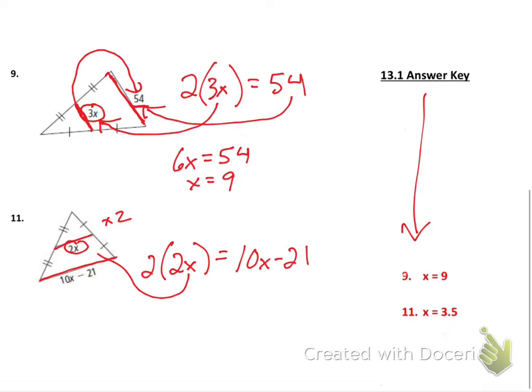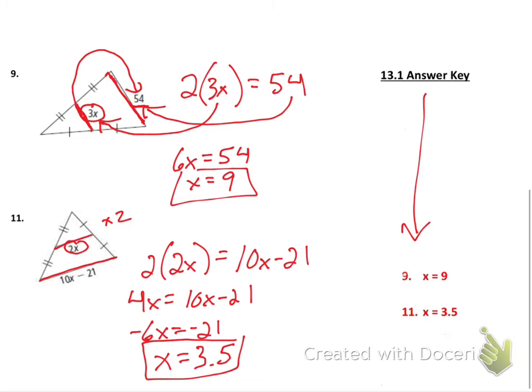Again, the 2x comes from the middle here, and we're doubling it. 10x minus 21 is the base. So then if I go ahead with it, I'll have 4x is equal to 10x minus 21. I'll subtract the 10x, so I'll get negative 6x is equal to negative 21. And then x after dividing by 6 will be 3.5.